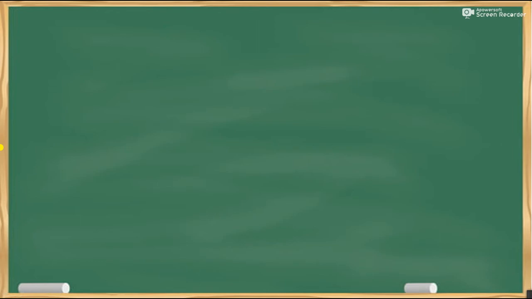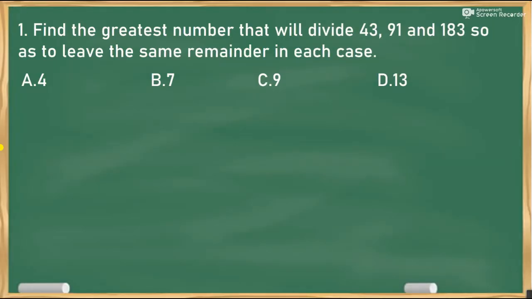Okay. So here is the first question. Find the greatest number that will divide 43, 91, and 183 so as to leave the same remainder in each case. During the exam, it's not compulsory that you remember each and every concept of HCF or LCM.